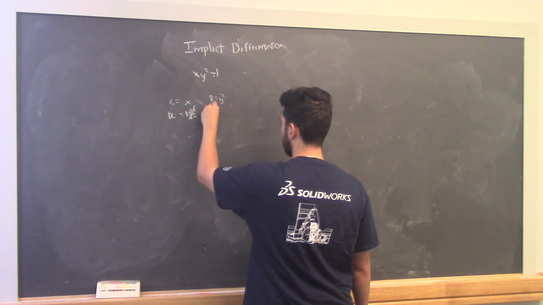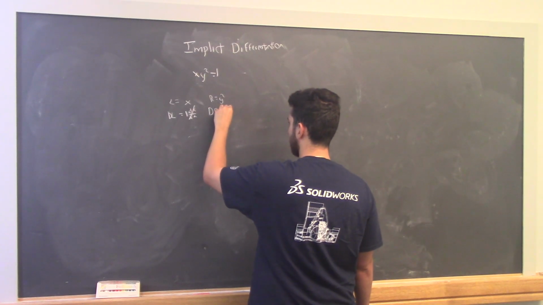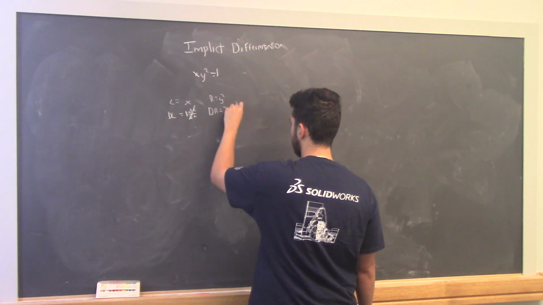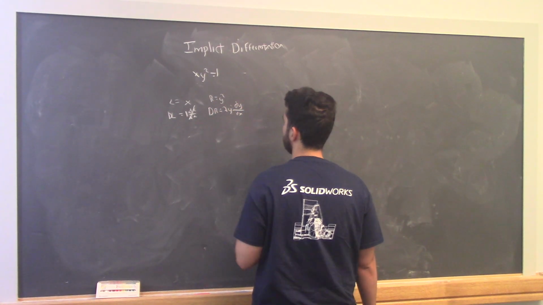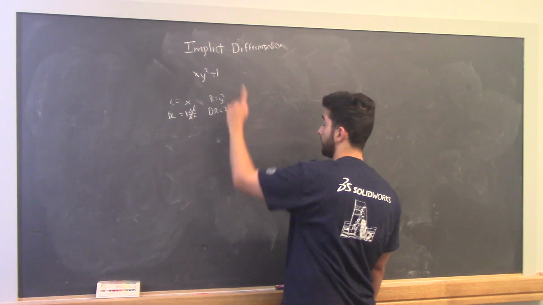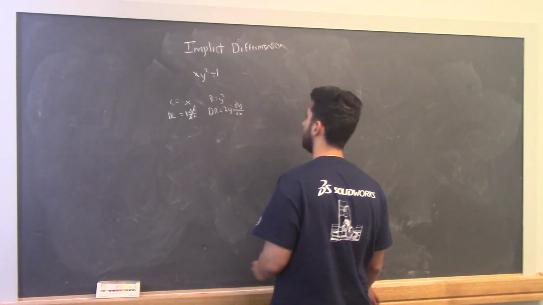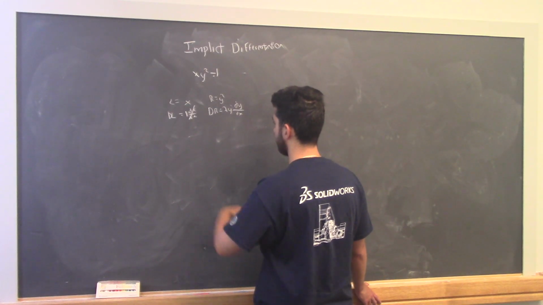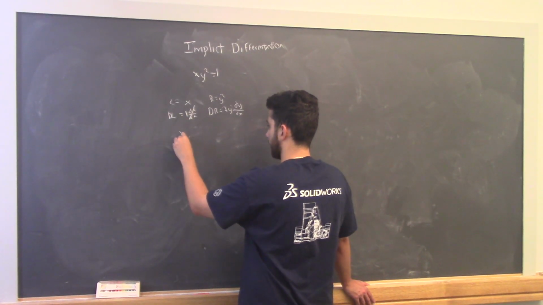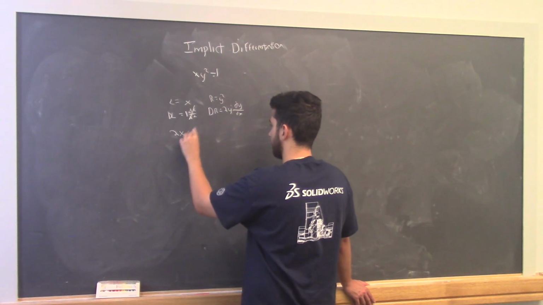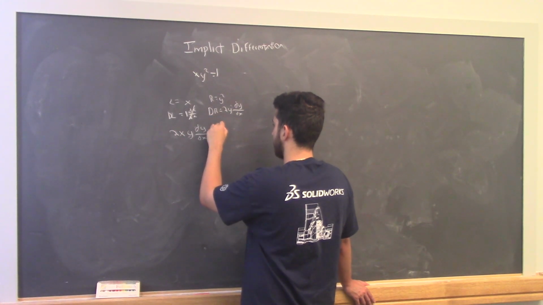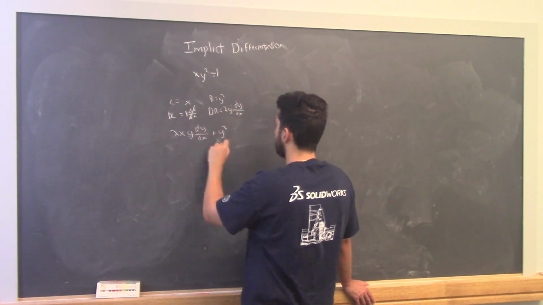Then derivative of the right with respect to x is 2y dy dx. And then the right-hand side of the equation, you guys got this. Derivative of 1 is 0.